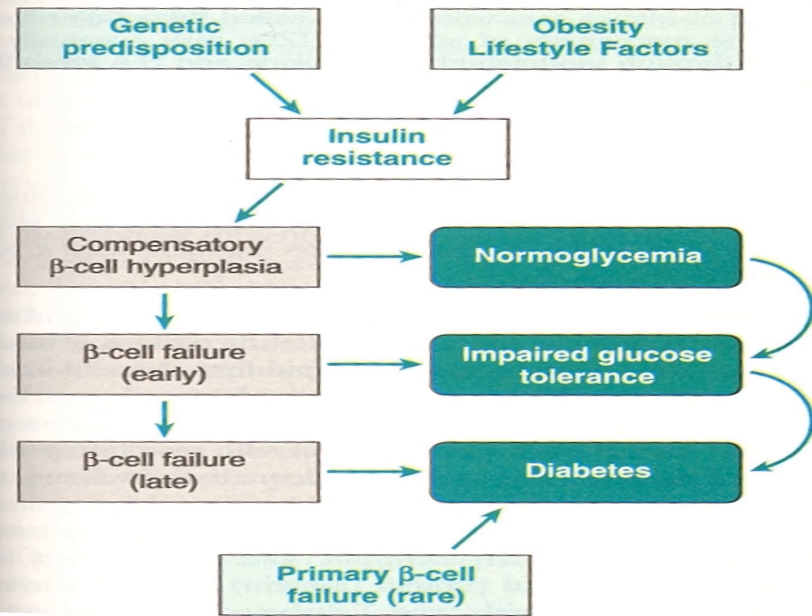In a genetically predisposed individual, insulin resistance leads to compensatory beta cell hyperplasia, which keeps the glucose at a normal level. Progressive or early beta cell failure, impaired glucose tolerance, and ultimately late beta cell failure lead to overt diabetes mellitus.